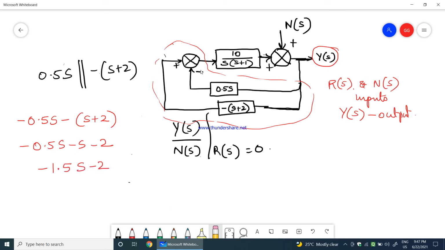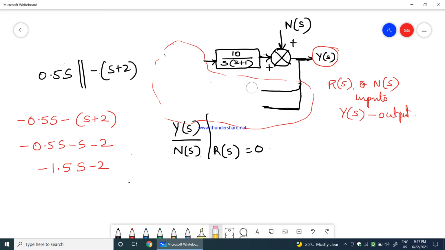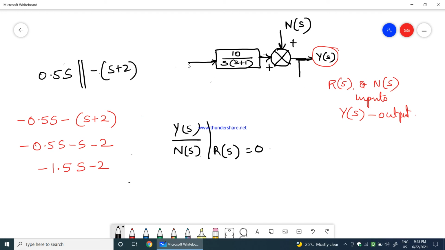Therefore, I'll just erase it here, and I'll replace this complete block with the term minus 1.5 times s minus 2. So I'll have a single block now.